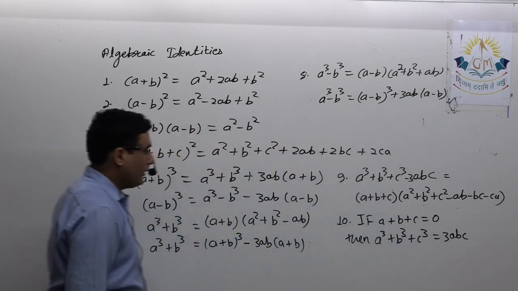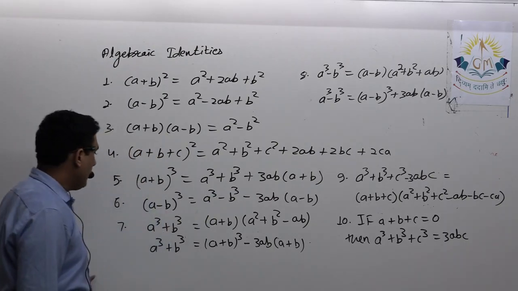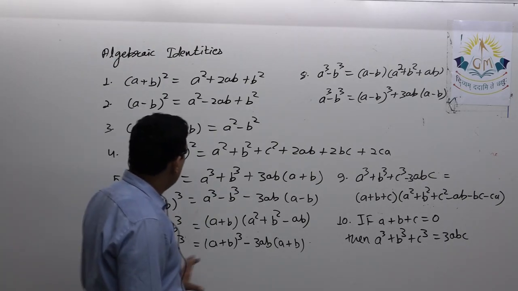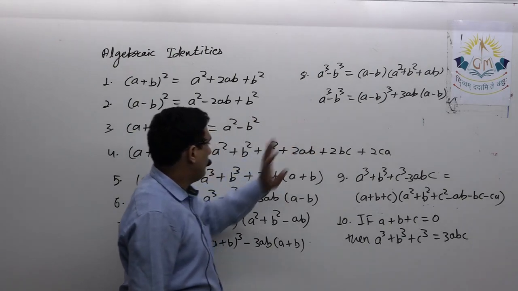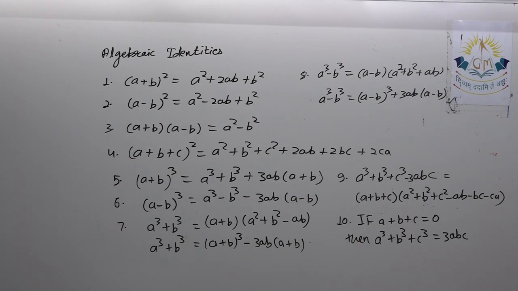If a plus b plus c equal to 0, then a cube plus b cube plus c cube is equal to 3abc. So these are the identities that we need. Okay, so note down these identities. Then we'll see some questions based on this.